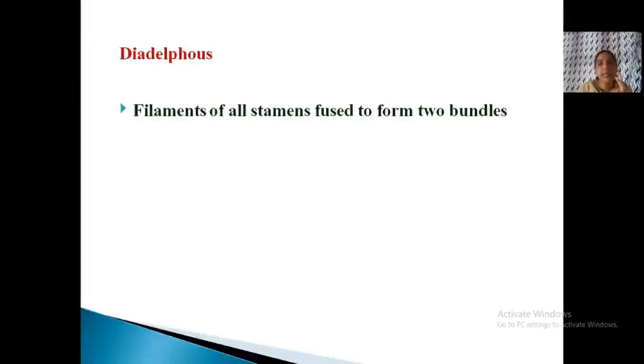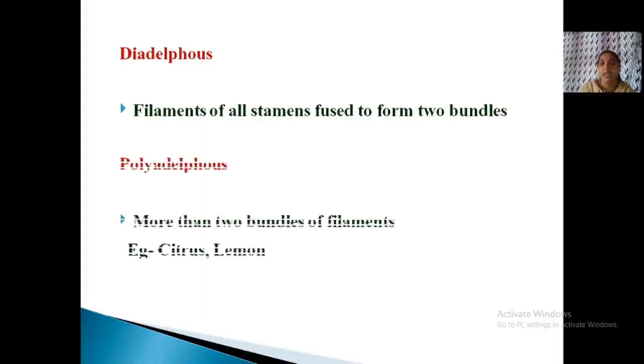Filaments of all stamens fused to form two bundles, that is known as diadelphous. Example, you can have crotalaria. Then polyadelphous. Filaments fused to form more than two bundles. Example is citrus and lemon.